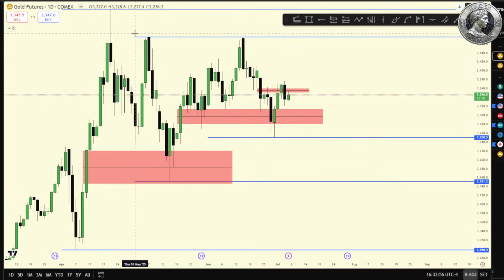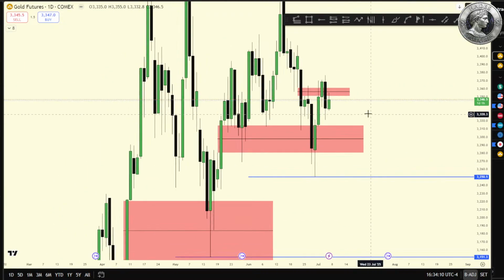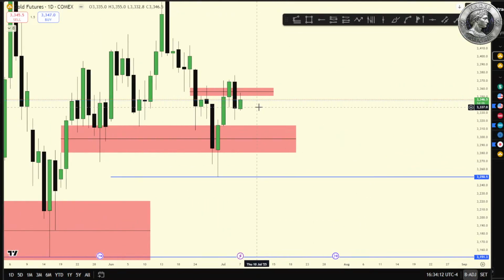So when you go to the daily, we have this fair value gap pushing us higher, making equal highs. This again supports us for the second time. One thing that I don't like, and maybe I will avoid, maybe I will trade, I don't know, is we have this fair value gap here that has been filled but still gets disrespected.